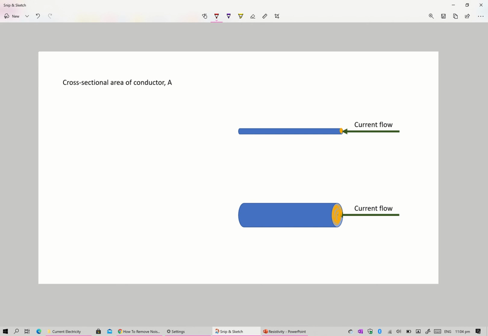When the pathway is very wide, is it easier for people to walk through the pathway, or is it easier for people to walk through a narrow pathway? I believe the answer is very obvious, right? If the pathway is very narrow, it's more difficult for people to walk through compared to a very wide pathway. Likewise, if the cross-sectional area is small, the current is going to face greater resistance. And if the cross-sectional area is big, the current is going to face lower resistance.